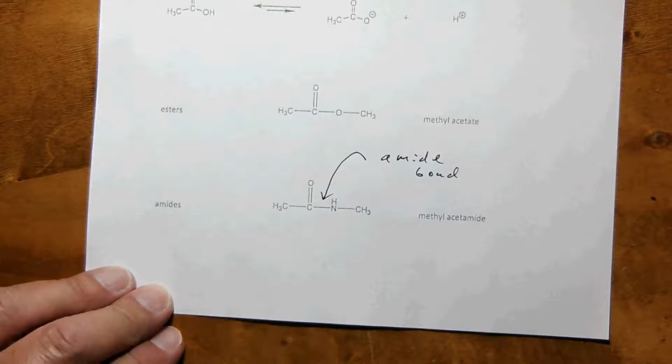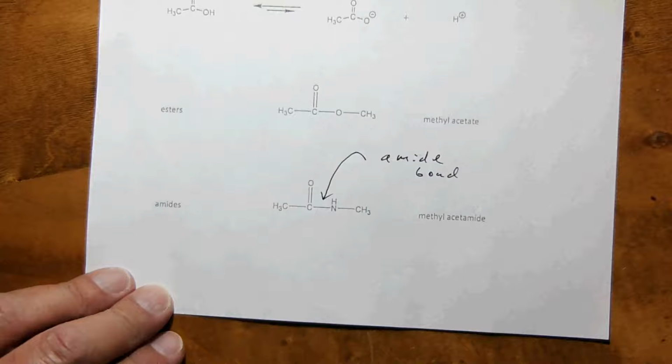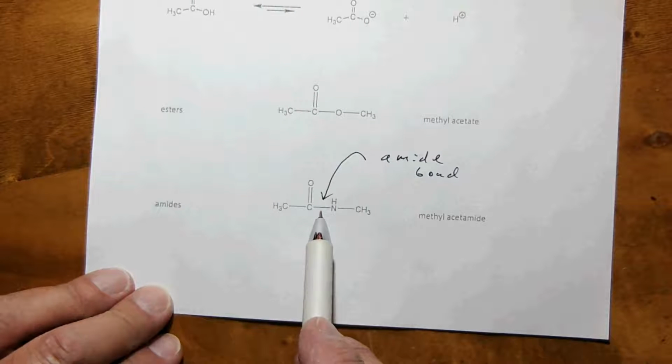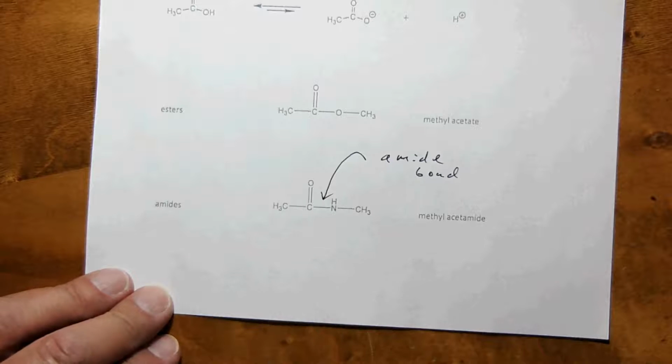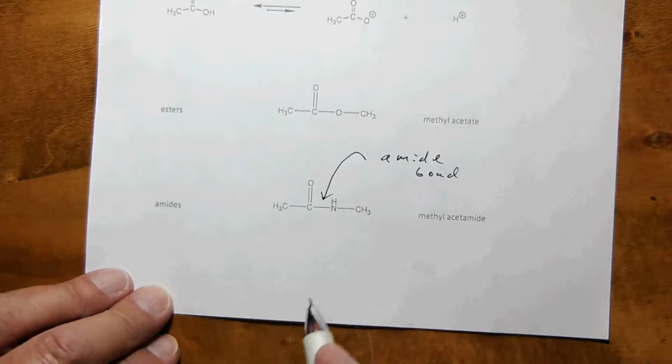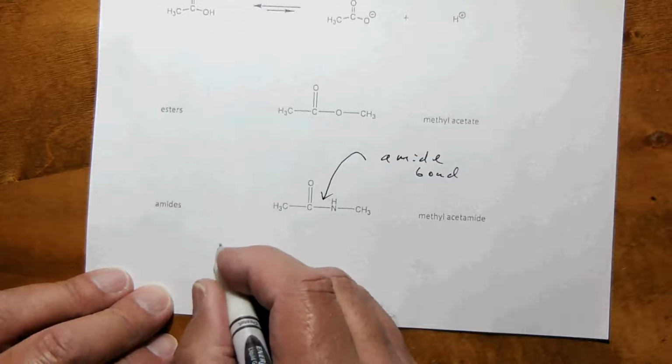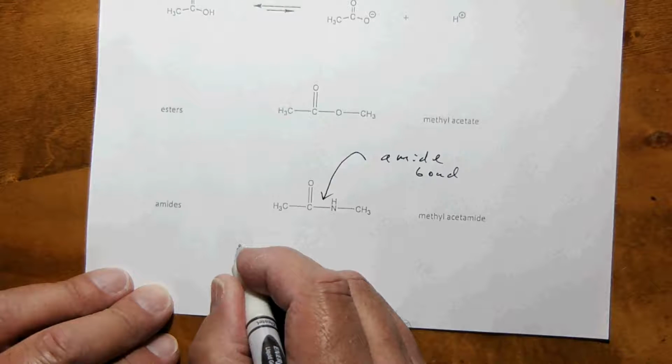And again, this won't be on the test, but amides are important in that your proteins are held together by amide linkages. So proteins are made from amino acids. One end of the molecule is an amine, one end is carboxylic acid. So here's an amino acid for you.